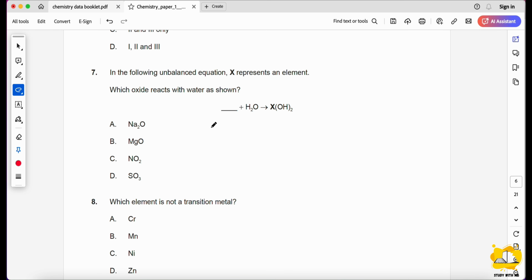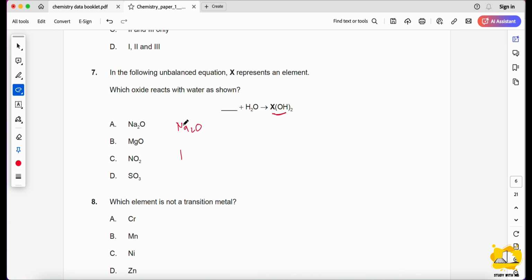In the following unbalanced equation, X represents an element whose oxide reacts with water. It's an element X that produces an alkaline solution, therefore it should be a metal. So either Na or Mg. So let's break them into ions for Na2O and MgO.